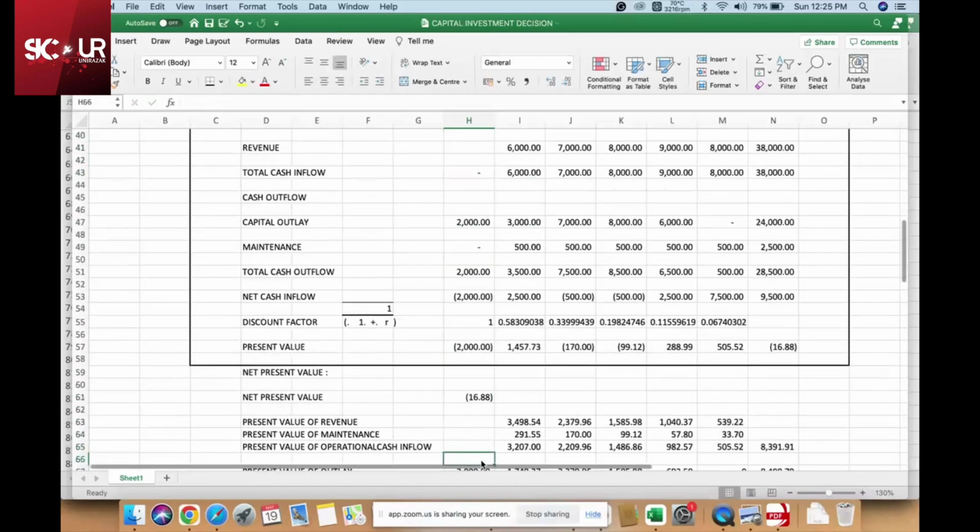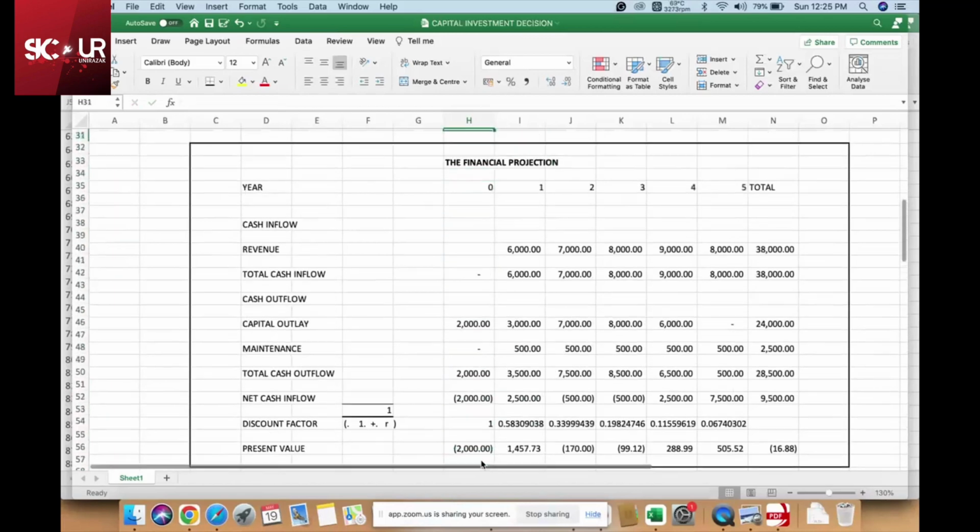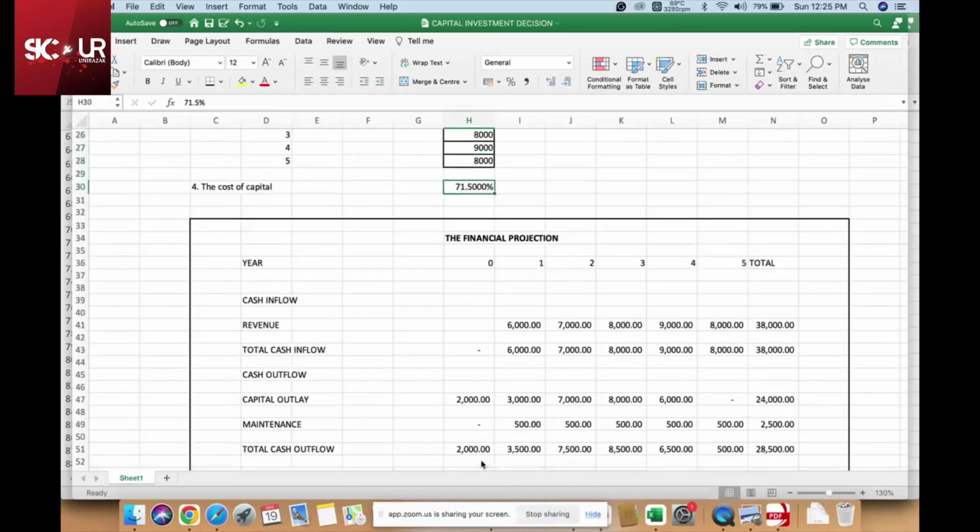It is still negative, so it is lower than that. So it is 71.45.